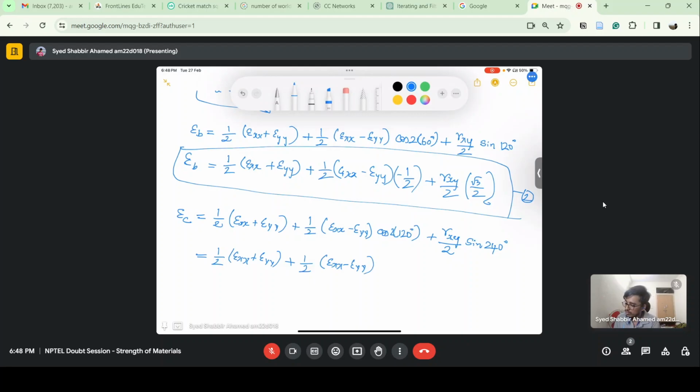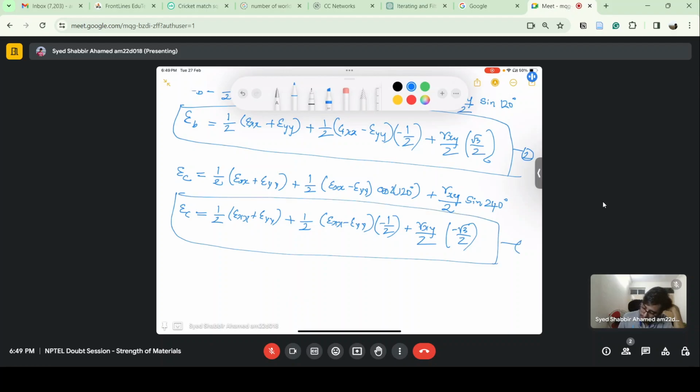So cos 240, which is cos (180 plus 60), is minus cos 60, which is minus 1 by 2. And similarly, we have gamma xy sin 240, which is sin (180 plus 60), minus sin 60, which is minus root 3 by 2.